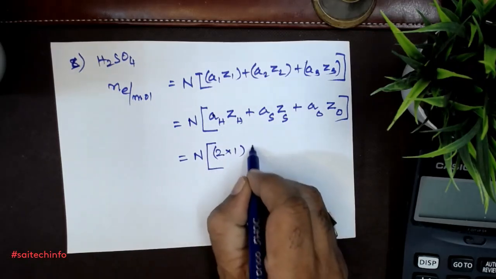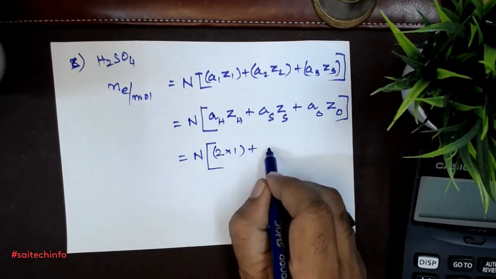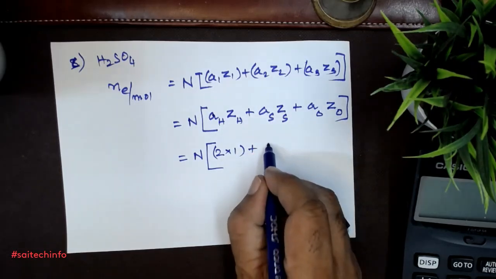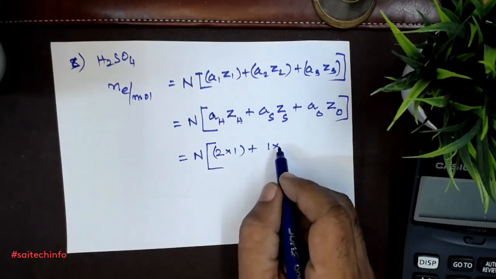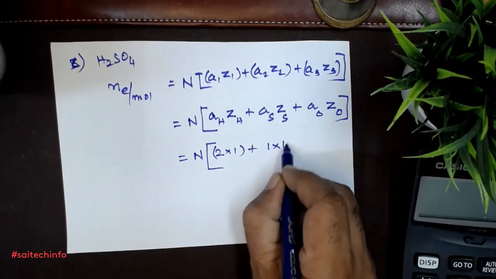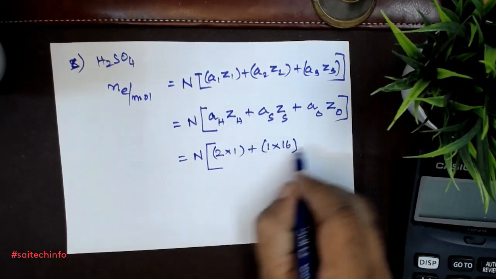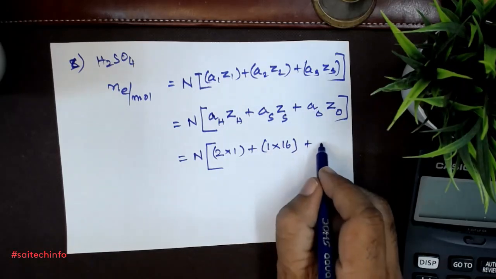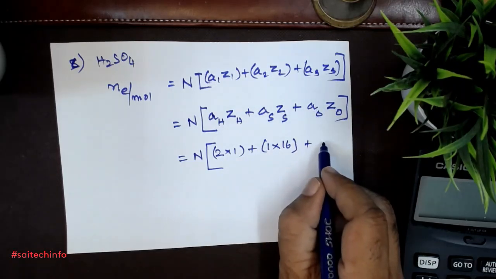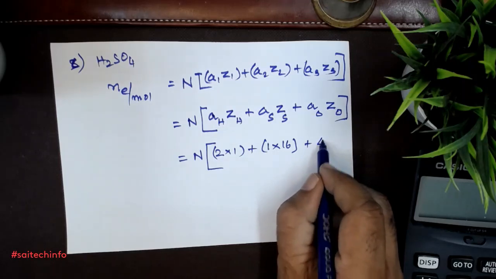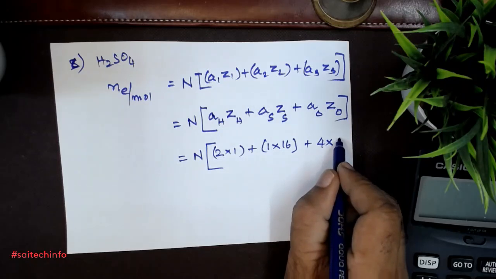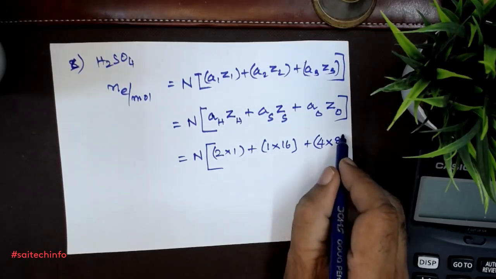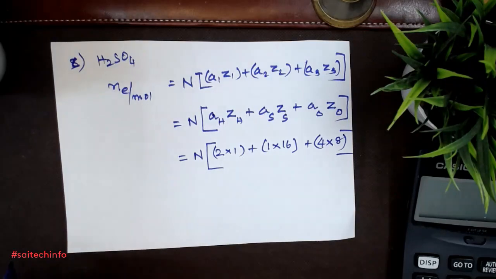So 2 into 1 plus, similarly, atomicity of sulfur, 1 into the atomic number of sulfur, 16, plus oxygen, atomicity is 4 into 8.